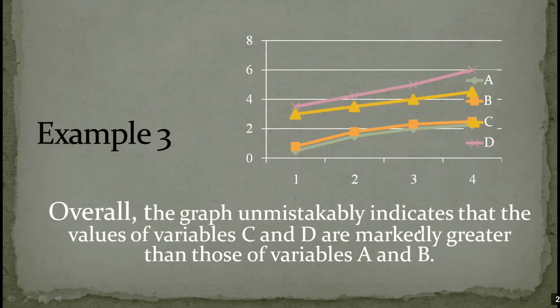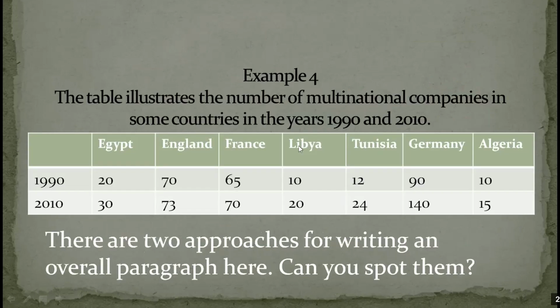And then how about this example? The table illustrates the number of multinational companies in some countries in the years 1990 and 2010. That's a table here. We've got Egypt, England, France, Libya, Tunisia, Germany, Algeria. And we've got 2 years, 1990 and 2010. And then we have the number of multinational companies.